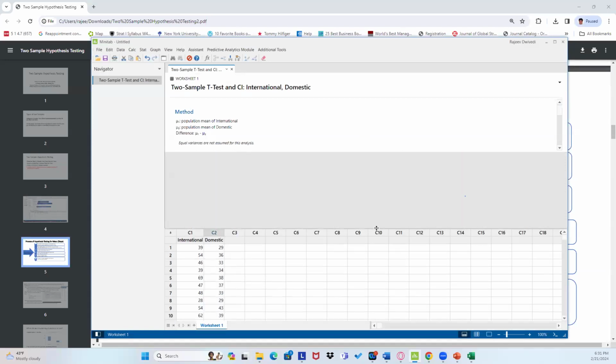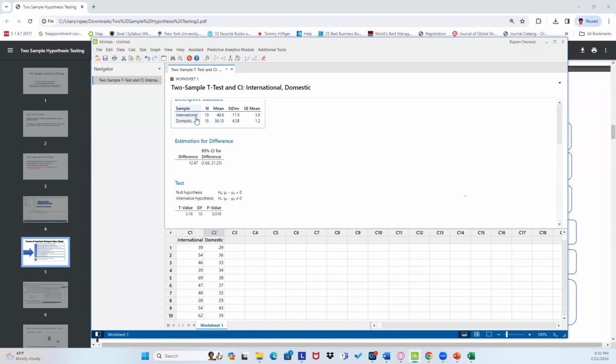So this is the result. The T-value is 3.16, degrees of freedom 10, and the P-value is how much? About 1%. And we are checking the hypothesis at 5% level of significance. The P-value is 1%, so what can we conclude?